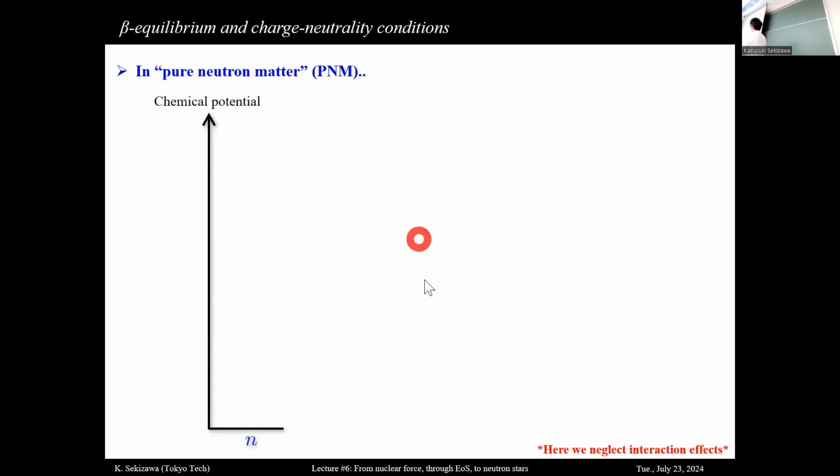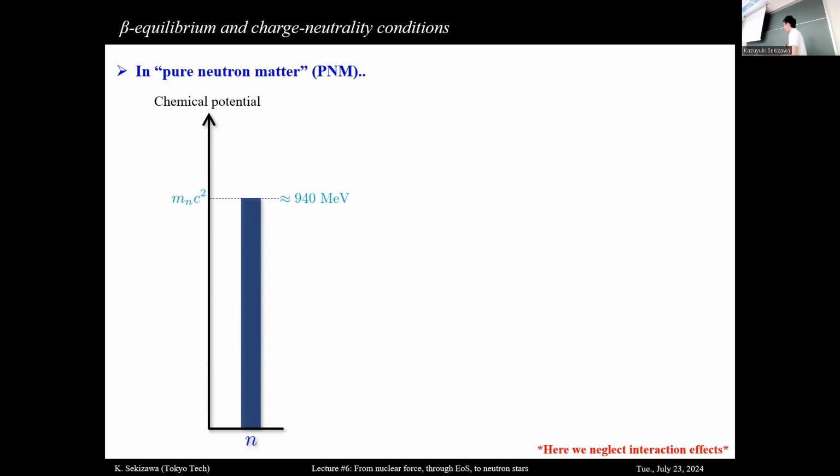So in this case, writing the chemical potential on this axis, with the rest mass energy, it is about 940 MeV. And by adding the Fermi energy, the kinetic energy due to Fermi motion, we have this additional energy.